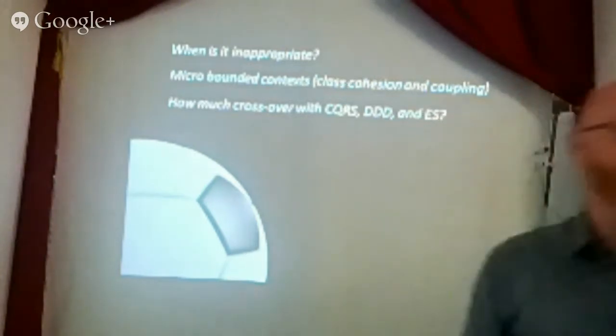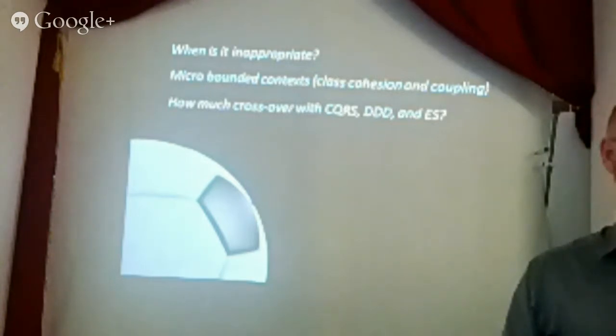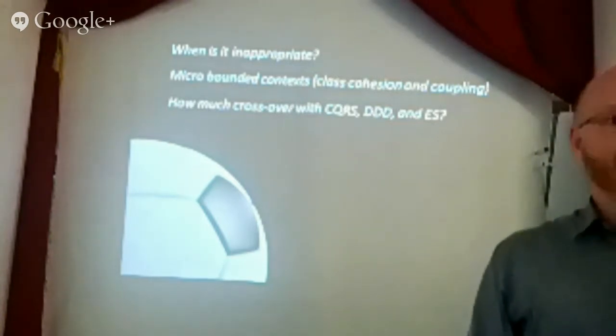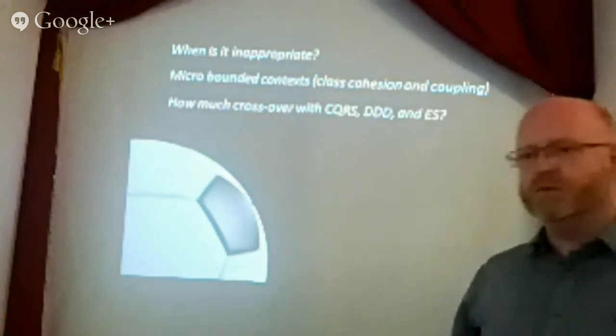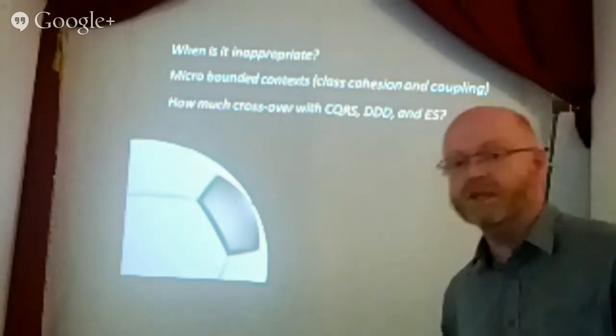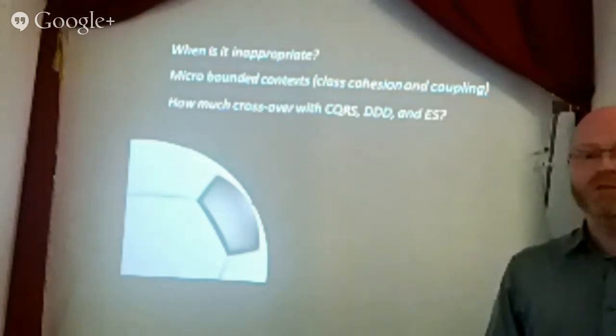Well, if you don't have a domain, then you've got nothing to centralize. So if you've got an application that is primarily CRUDy, such as a Rails thing, I think this is one of the things that DHH came out with, wasn't it? That he couldn't understand why hexagonal architecture becomes such an interesting thing to people who do TDD, because with Rails, there's not much of a domain, to be honest.